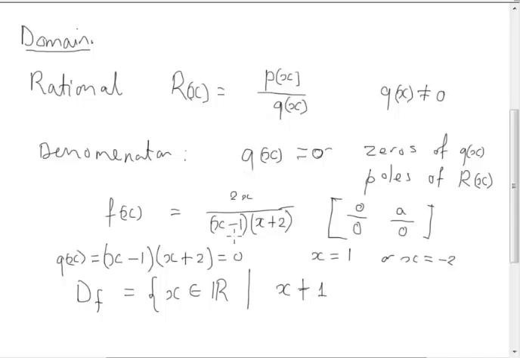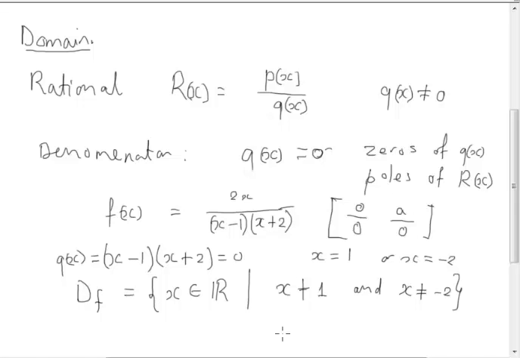Why? Because if x is equal to 1, we're going to have something undefined. And we can say x is not equal to 1 and x is not equal to minus 2. So that gives us the part where the rational function is defined. Altogether, that is very important.